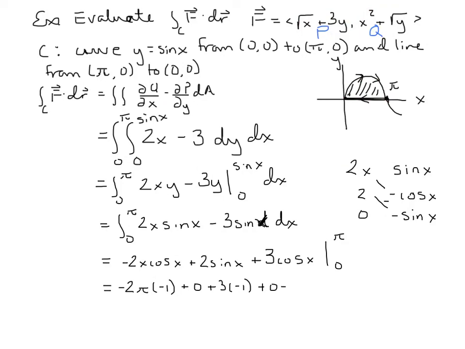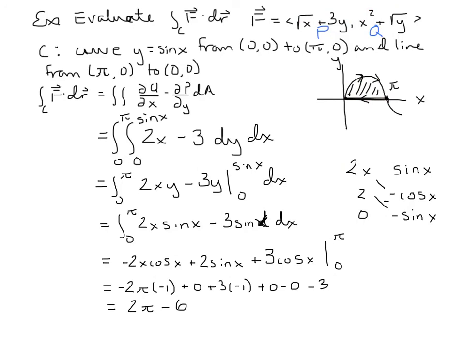Sine of 0 is 0. And cosine of 0, I've got to subtract because it's a lower bound. Cosine of 0 is 1, so we would get a minus 3. So combine these all together here, and it looks like we've got a positive 2 pi and a minus 3 and a minus 3, so a minus 6.